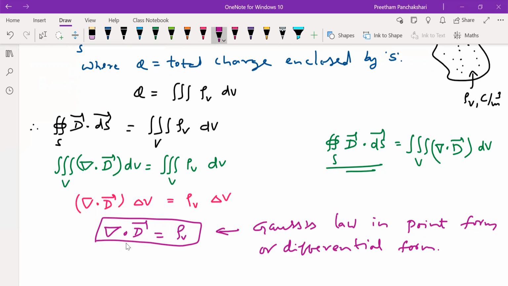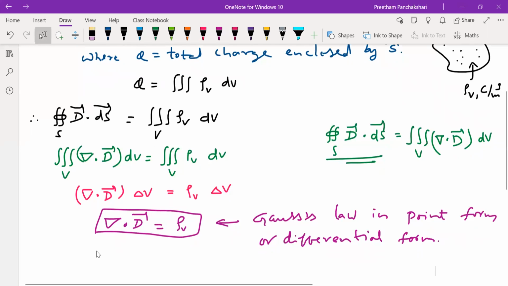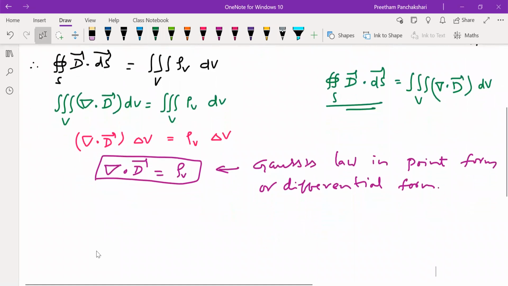And this is most useful compared to the integral form of the Gauss law. This is also popularly known as Maxwell's first equation. So we can also take this discussion as the derivation of Maxwell's first equation from Gauss law.